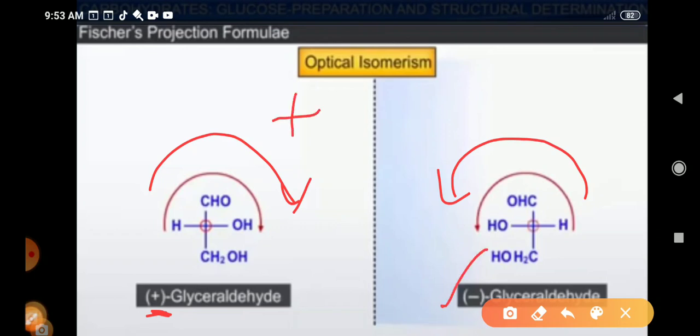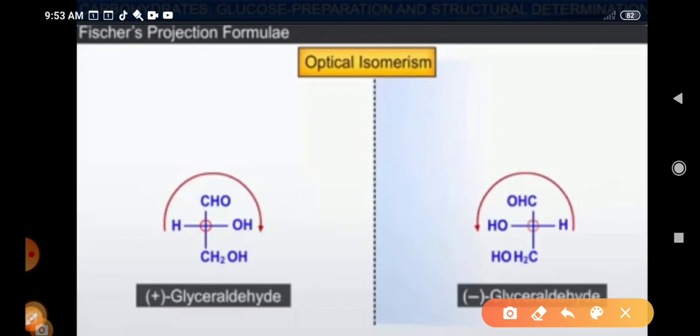So plus represents dextrarotatory and minus represents levorotatory. So whenever we keep a plus or minus sign with the name of an optically active compound, if it is plus, then it shows dextrarotatory nature. If it is negative, it shows levorotatory nature.